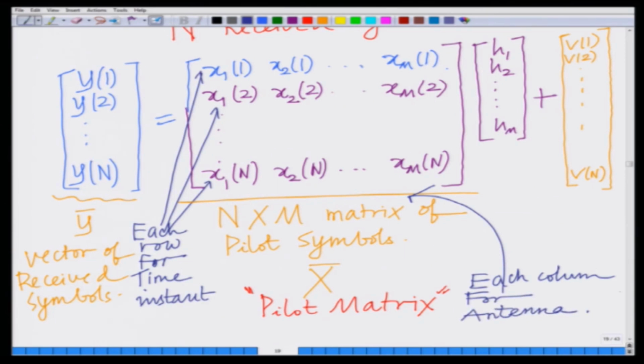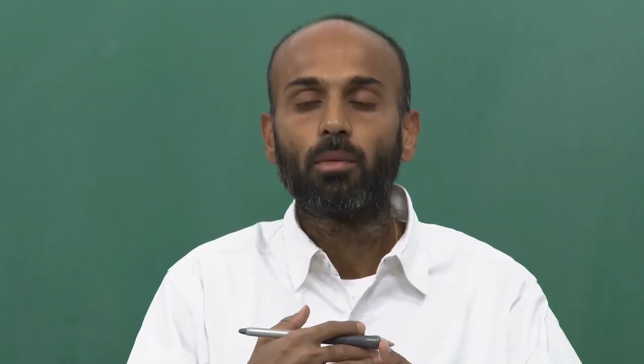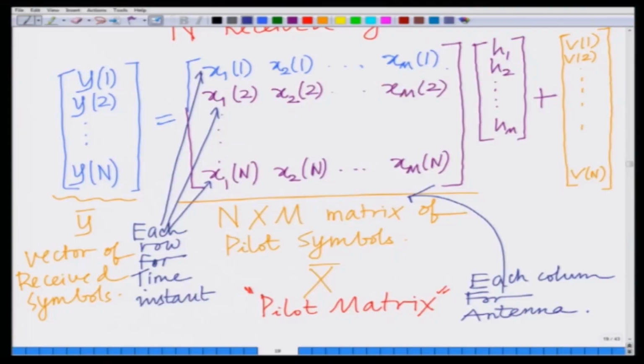So, for instance, at time instant 2, the row is x12, x22, so on up to xm2, which means that x12 is the symbol transmitted from transmit antenna 1 at time instant 2, x22 is the symbol transmitted from transmit antenna 2 at time instant 2, and so on until xm2, which is the symbol transmitted from transmit antenna m at time instant 2.